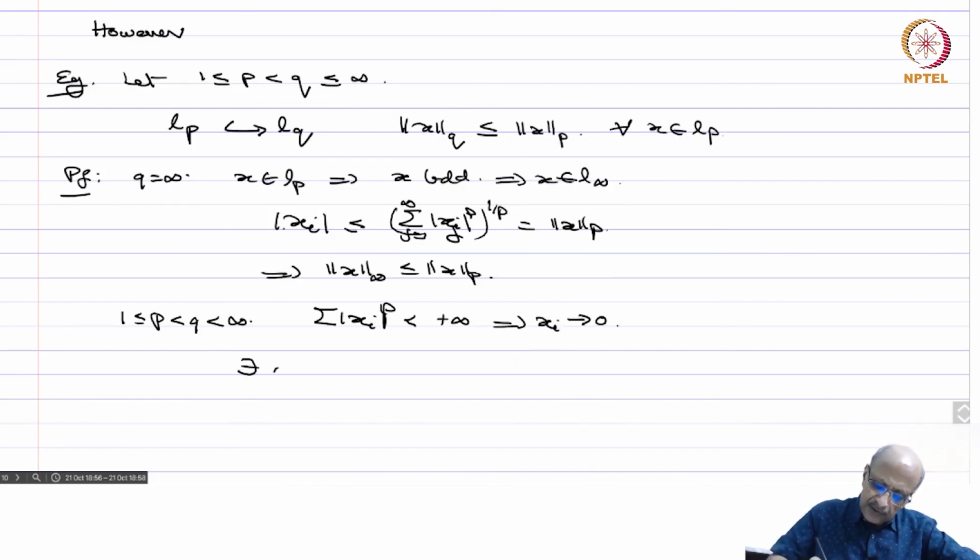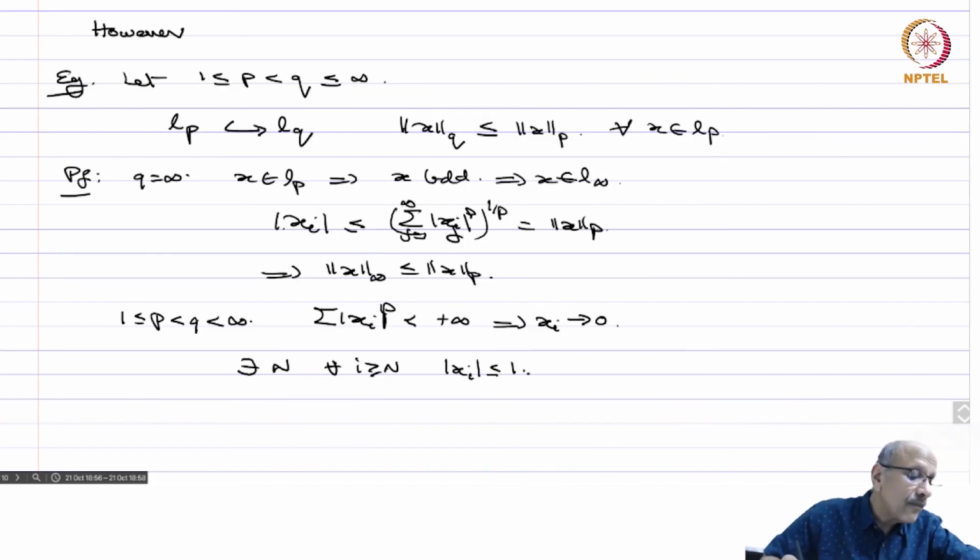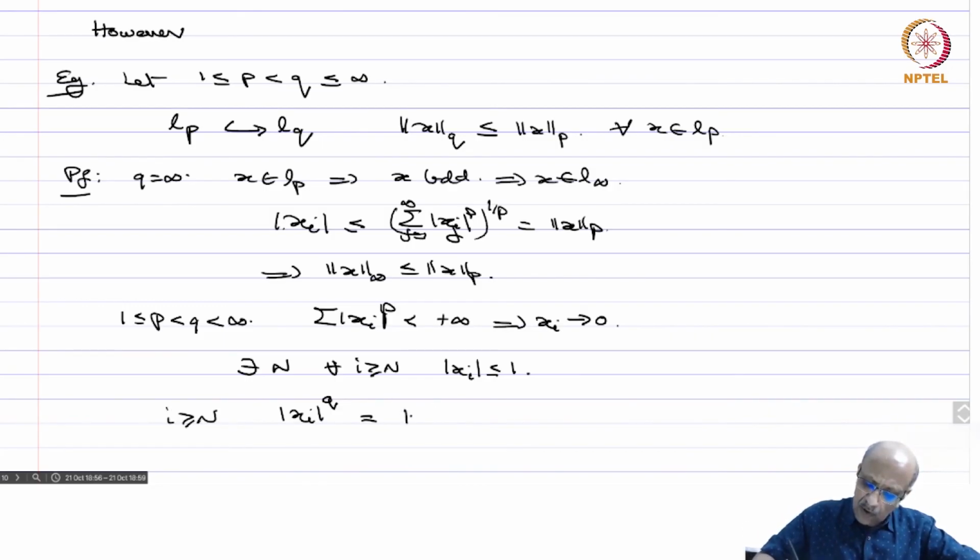Therefore there exists an n such that for all i bigger than or equal to n, mod xi is less than or equal to 1. So mod xi power q, if i is bigger than or equal to n, is equal to mod xi power p times mod xi to the q minus p.